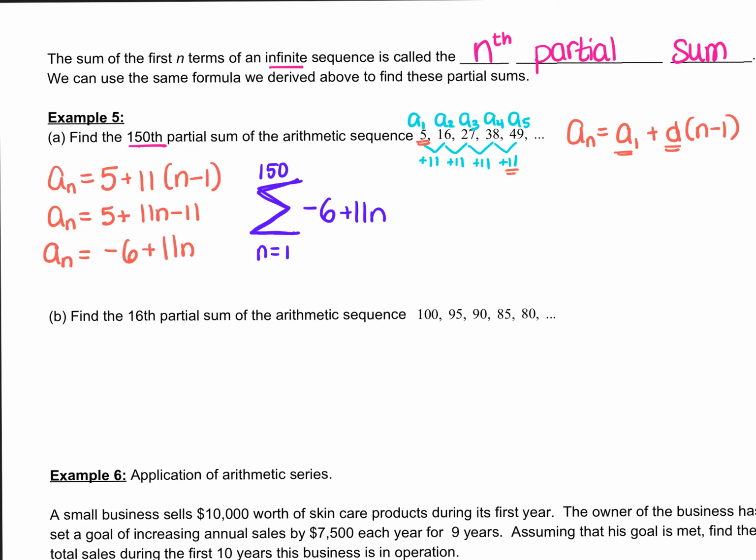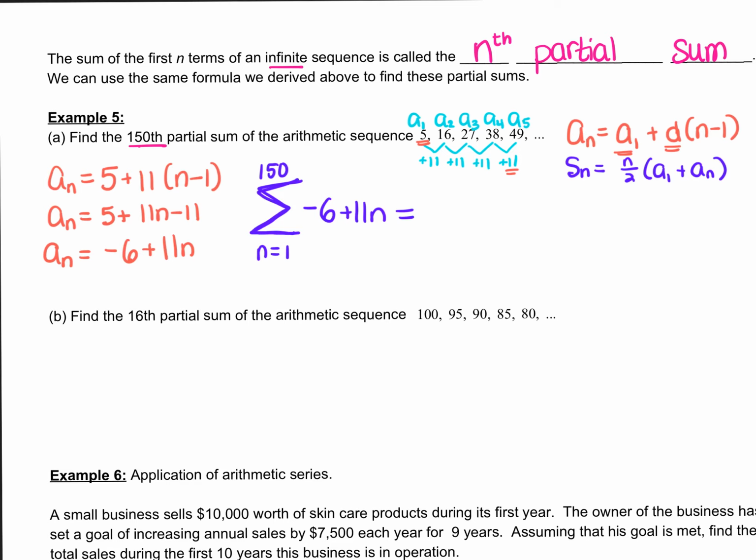Remember, that summation symbol means add those terms together. So it's going to be done using that formula we talked about on the front of the page, where we take n over 2 times the first term plus the last term in that sequence. So I can find this sum by using that formula.